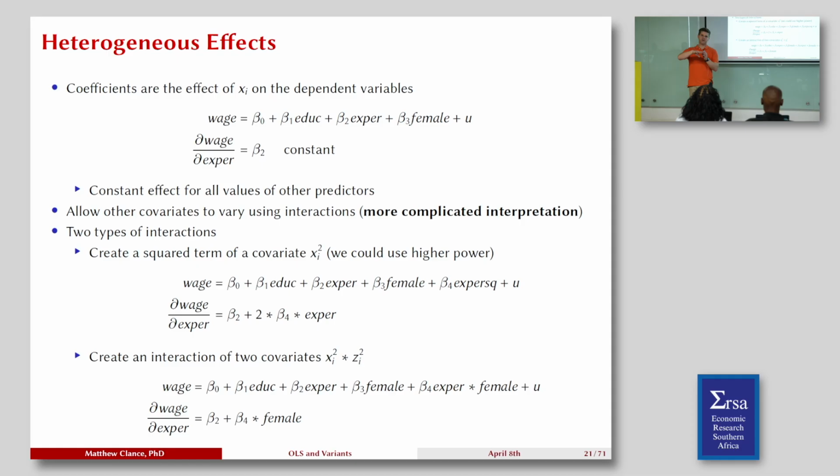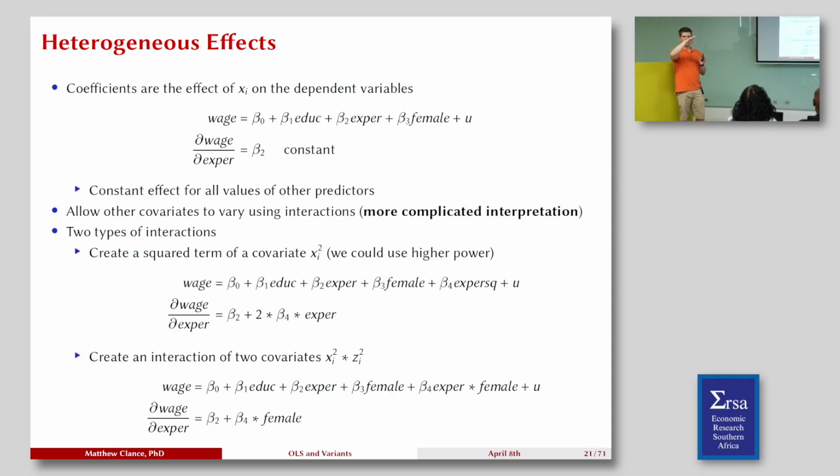That would tell me how the effect for females changes across experience. I don't think that the year you finish matric, how much your wage is going to grow is always going to be the same versus where you are now. So we're starting to see that the population outcomes might be different across the varied characteristics that you have.